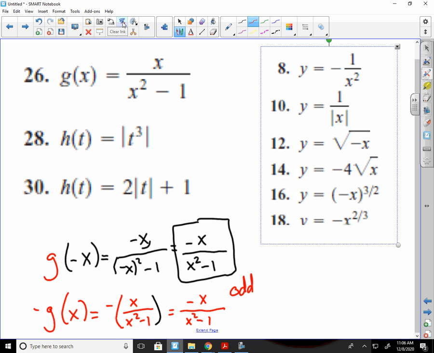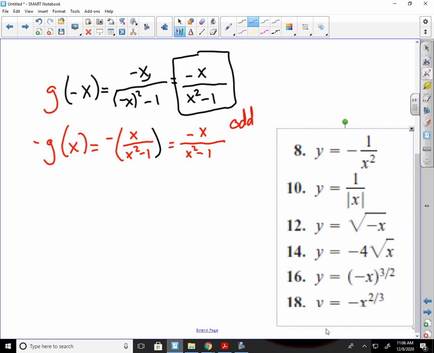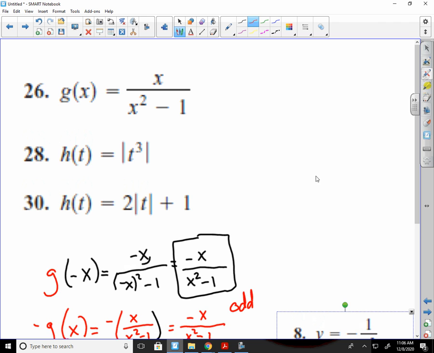Look at number 28. We have the absolute value of t to the third. So let's do h of negative t. It gives us the absolute value of negative t to the third.